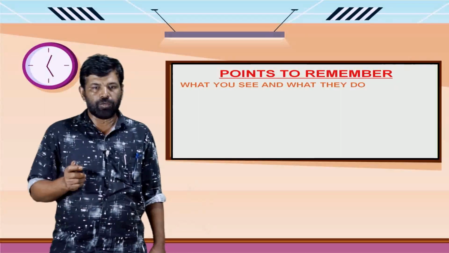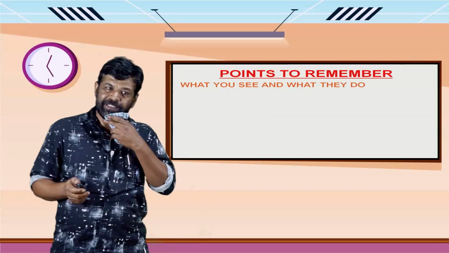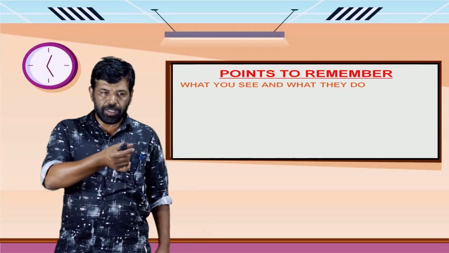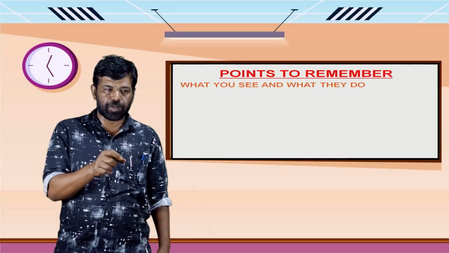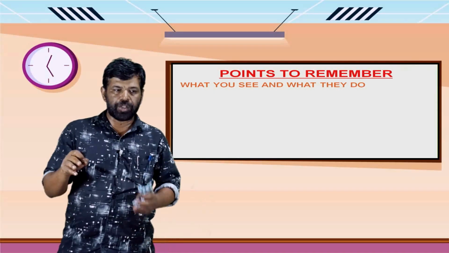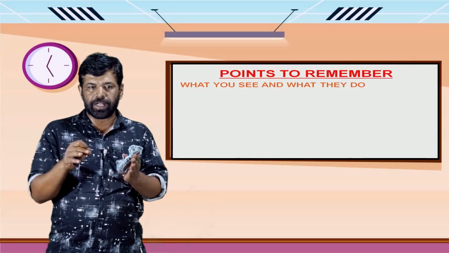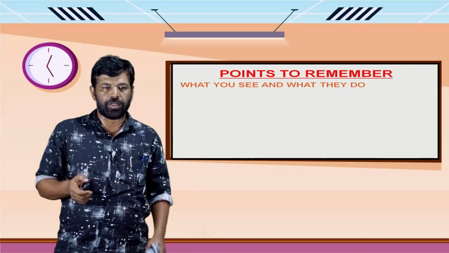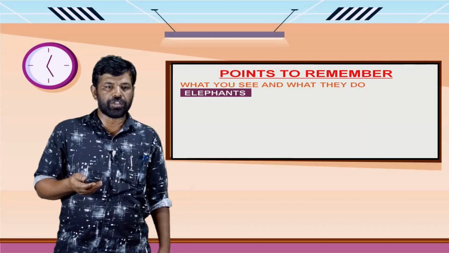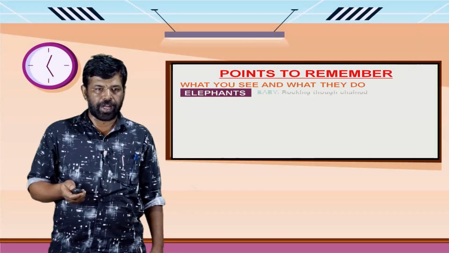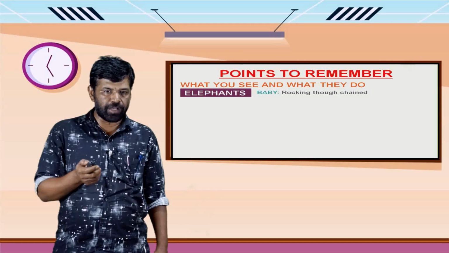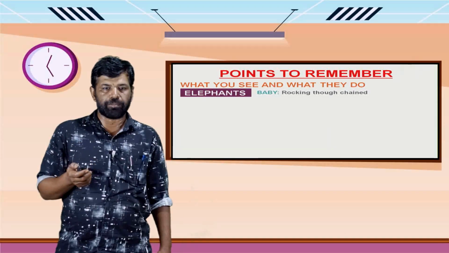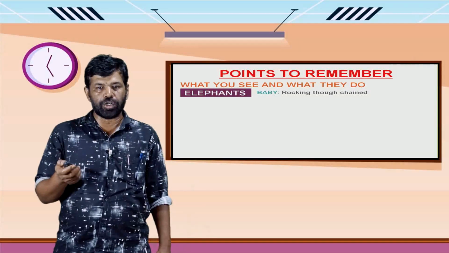Here what points you need to remember is, see here there is a list of animals you have come across in this lesson, and they have been doing something. So here exactly you have to remember what. The first one you see is elephants, and there were 3 elephants in total, and one was a baby which was rocking though it was chained.